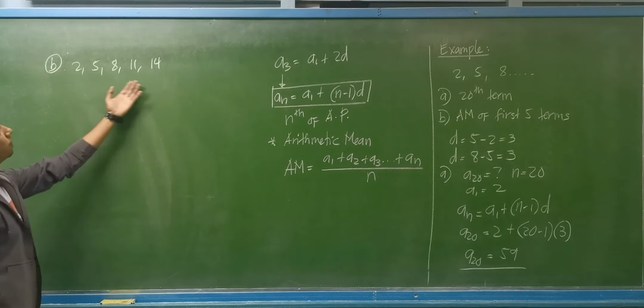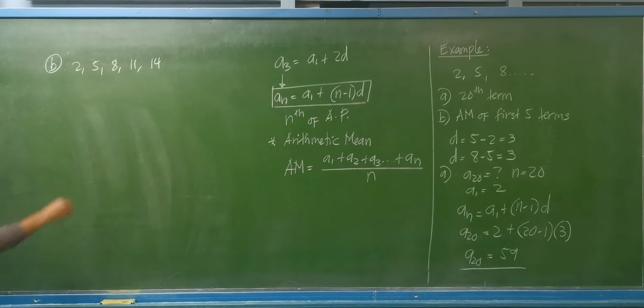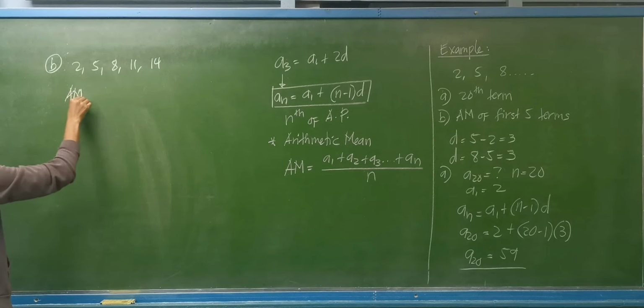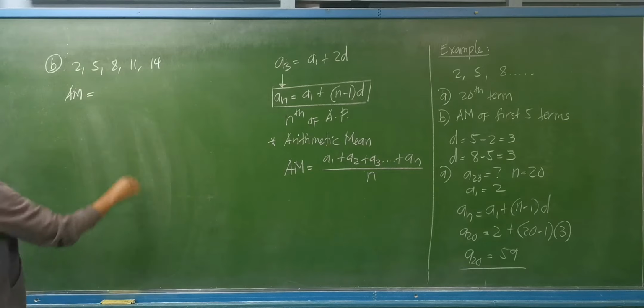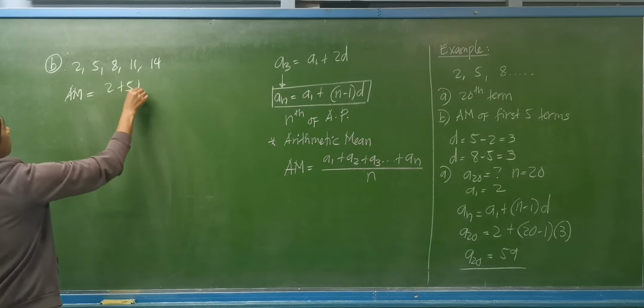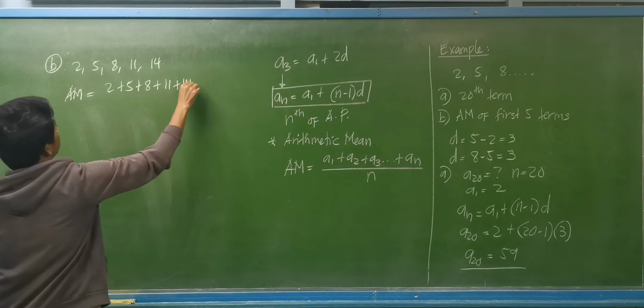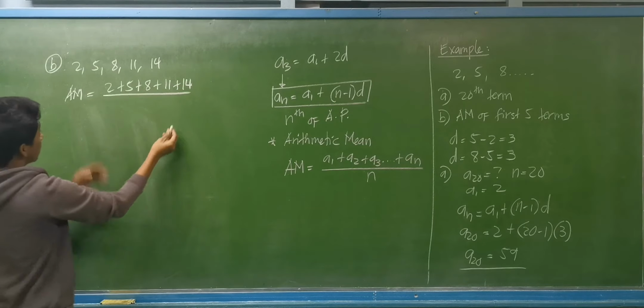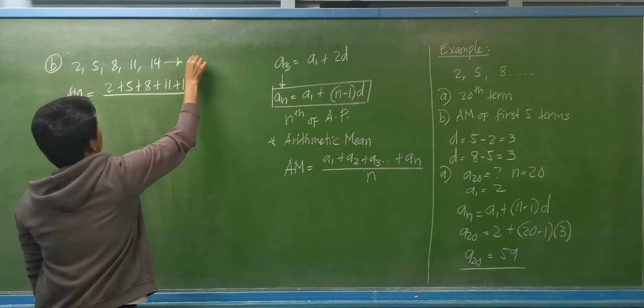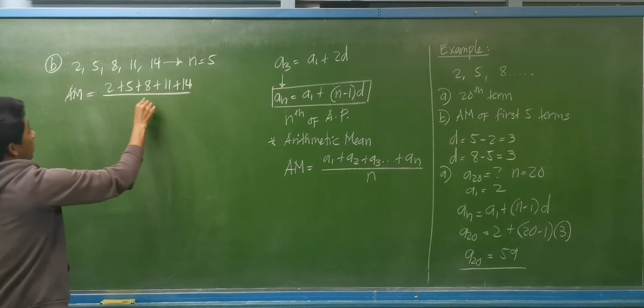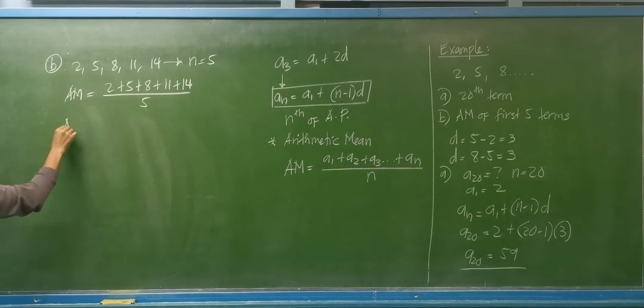We now have 5 terms. For the arithmetic mean, all we have to do is average our terms. That is 2 plus 5 plus 8 plus 11 plus 14, divided by how many terms? We have 5 terms, so this is divided by 5. That determines our arithmetic mean.